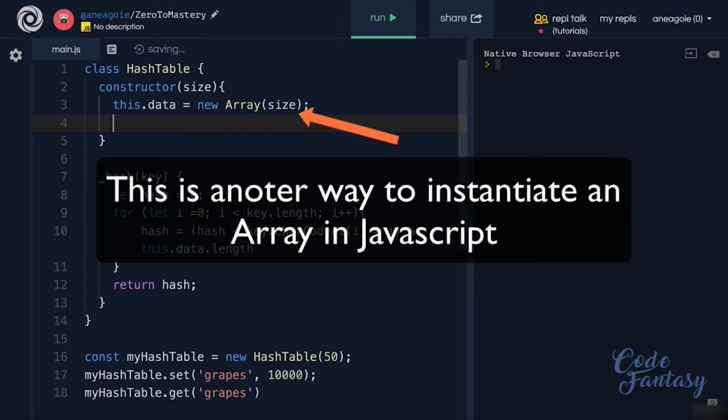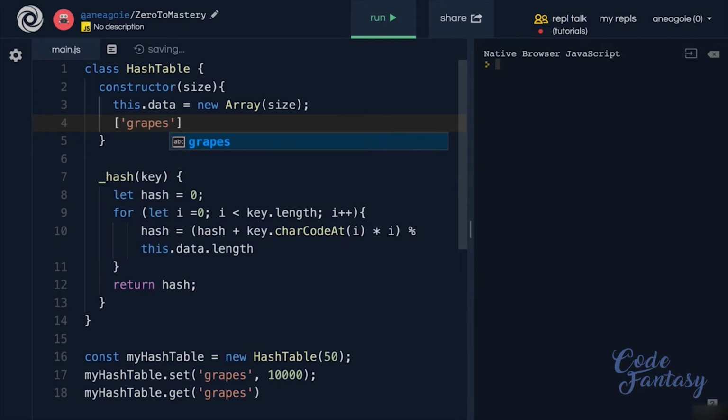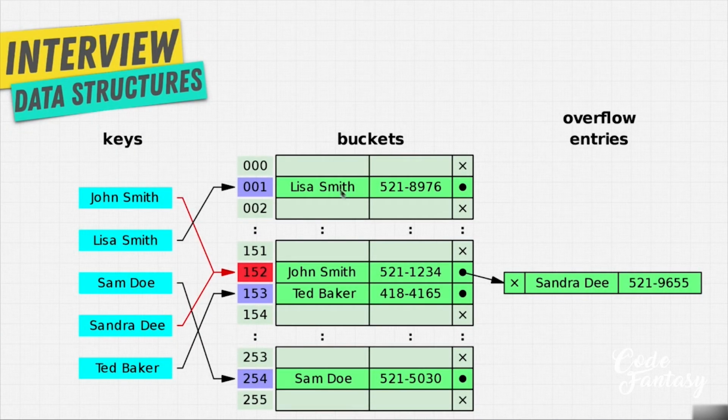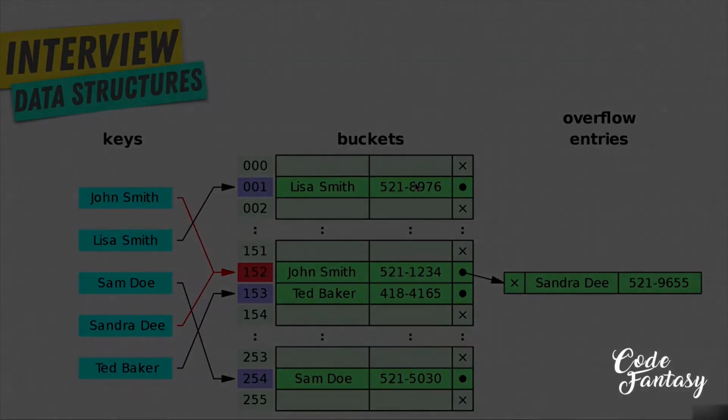So we would have something like grapes and 10,000 as our bucket. So the first item in the array will be an array that is grapes, 10,000. Remember, if we looked at the diagram, we have these buckets that our data lives in.